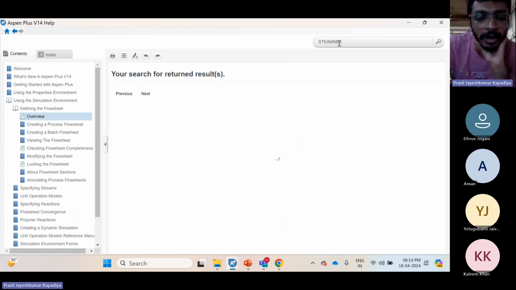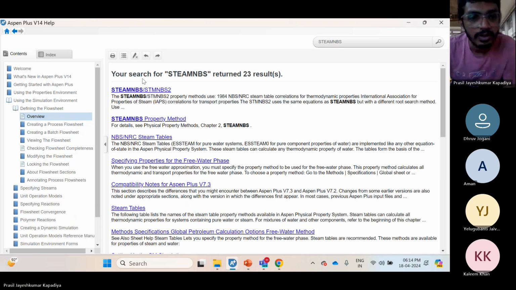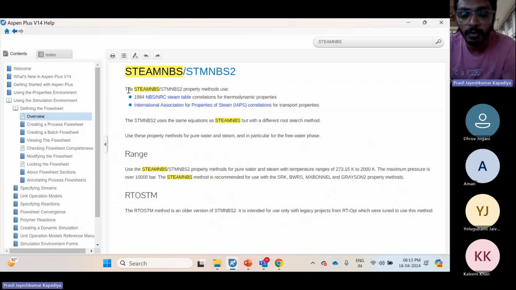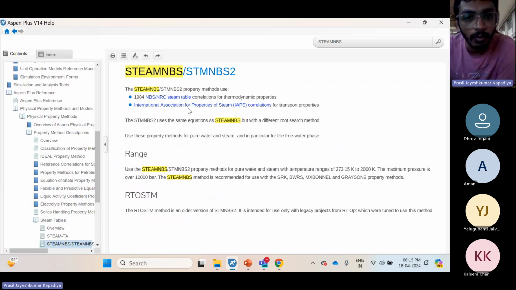I forgot that year. Okay, it's searching. Okay, Steam NBS. Yeah, it is based on the 1984 steam table. The temperature is 273.15 to 2000 Kelvin and the maximum pressure is 10,000 bar.